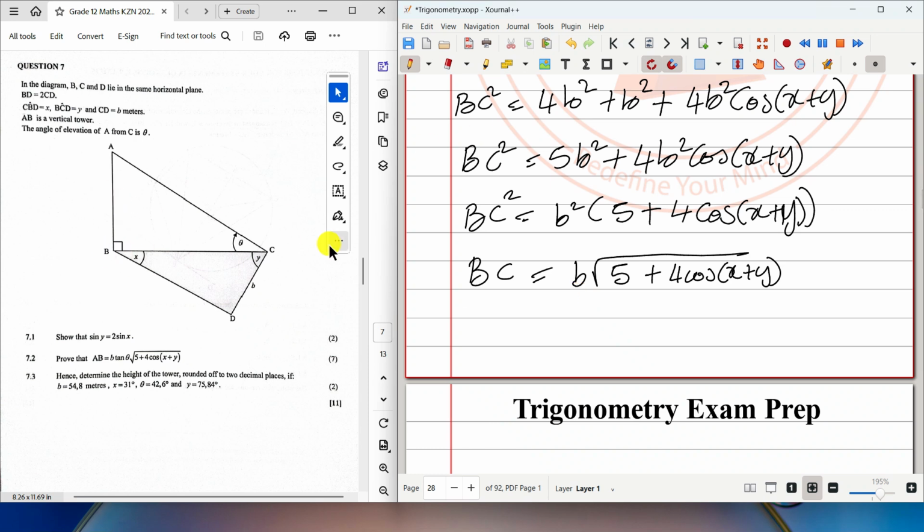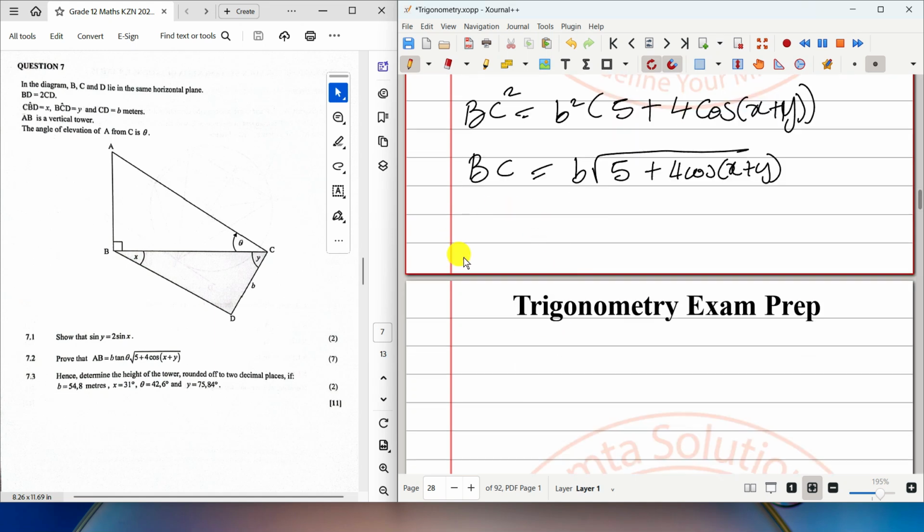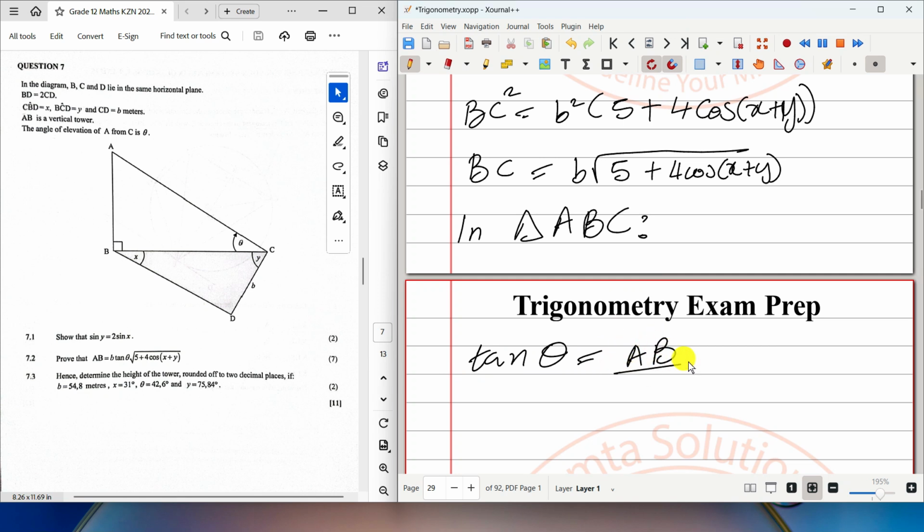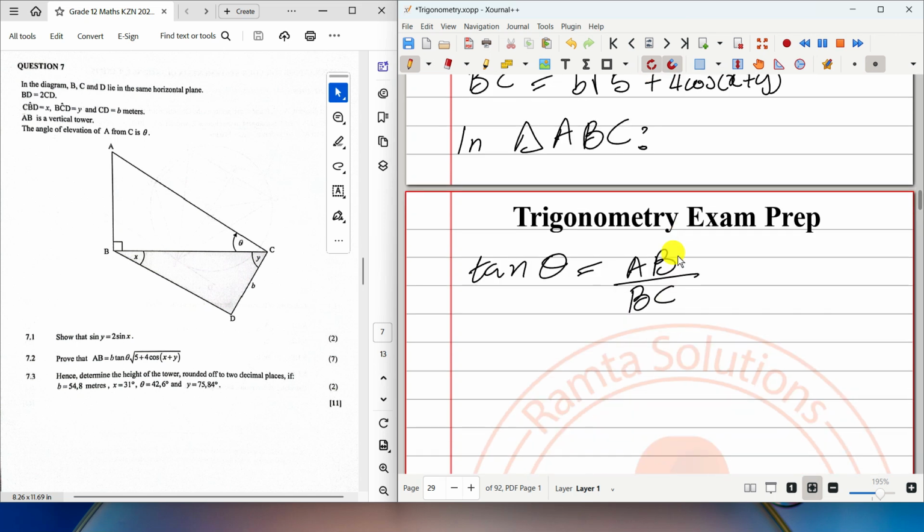So now we have this side here and we can find this side here. To angle theta, this side is adjacent and this is opposite. Adjacent and opposite means we must use tangent. In triangle ABC, tan theta equals opposite, which is AB, over adjacent, which is BC.